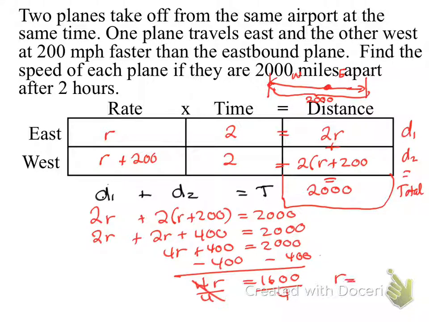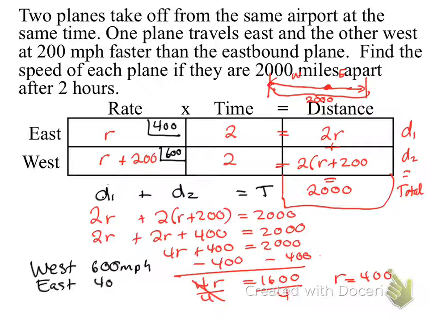And r equals 400. And that is for what? East. That is for east. So this one is 400. And that makes this what? 600. So when they say, find the speed of each plane, west is 600 miles per hour. East is 400 miles per hour.